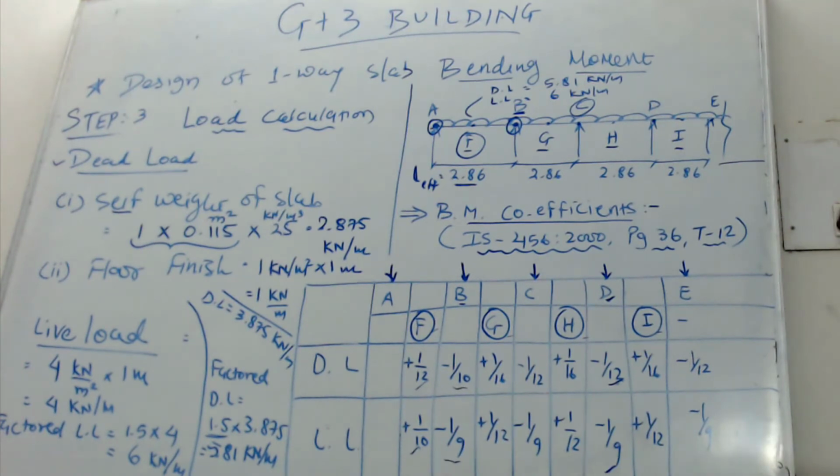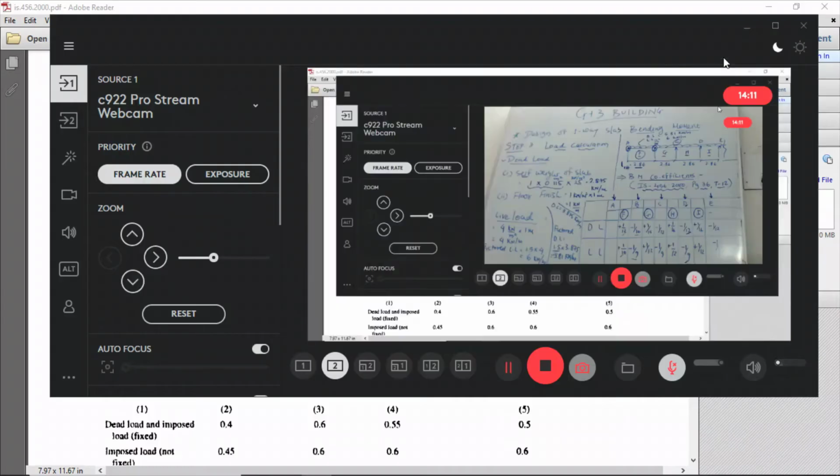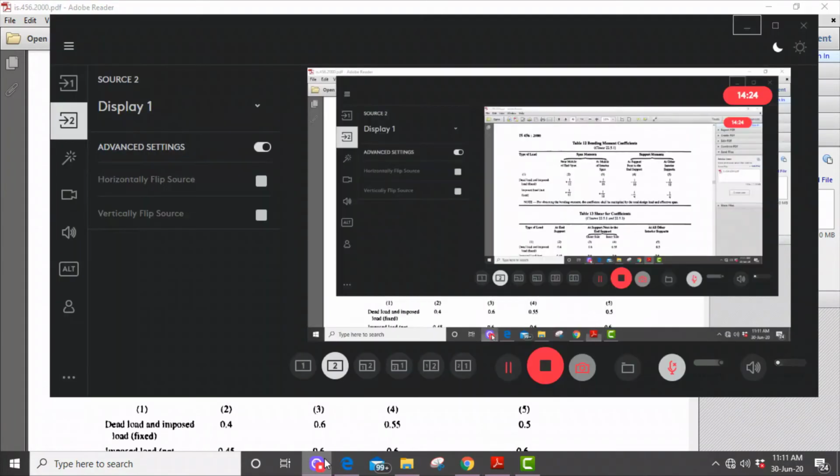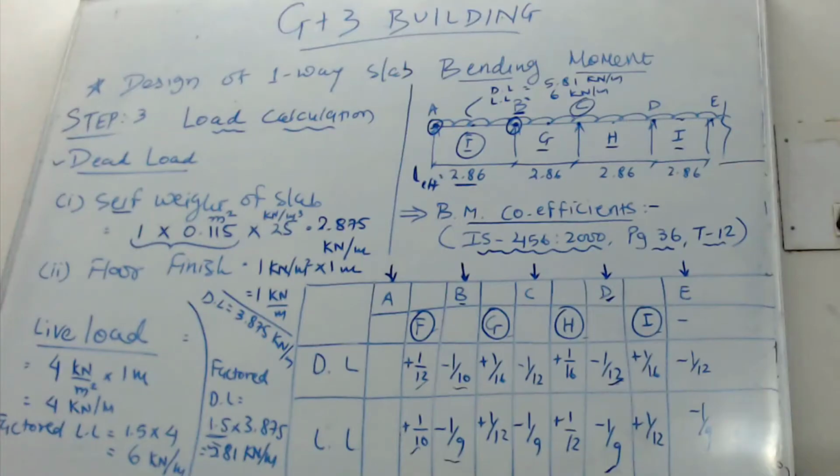Similarly, if we see point G, now it will be easier for you to identify the value. Let's go back to the code. Point G will be at middle of interior span. So the values are plus 1 by 16 and plus 1 by 12. Yes, correct, right?